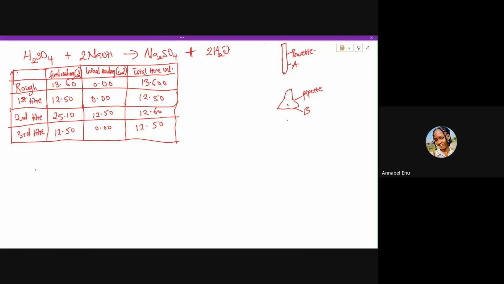So to get our average volume of acid, which is actually our VA, calculated VA is going to be equal to titer 1, titer 2, and titer 3.